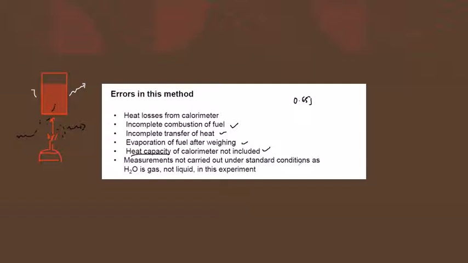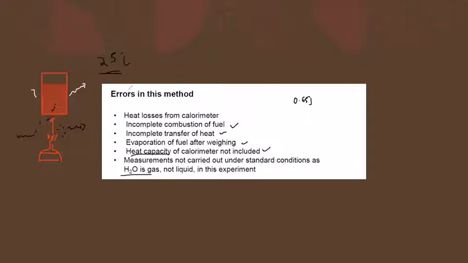Measurements not carried out under standard conditions. If we don't have standard conditions, we have a different surrounding temperature, not 25, so the enthalpy change will not be a standard enthalpy change. And also, H2O is a gas, not liquid, in this experiment.